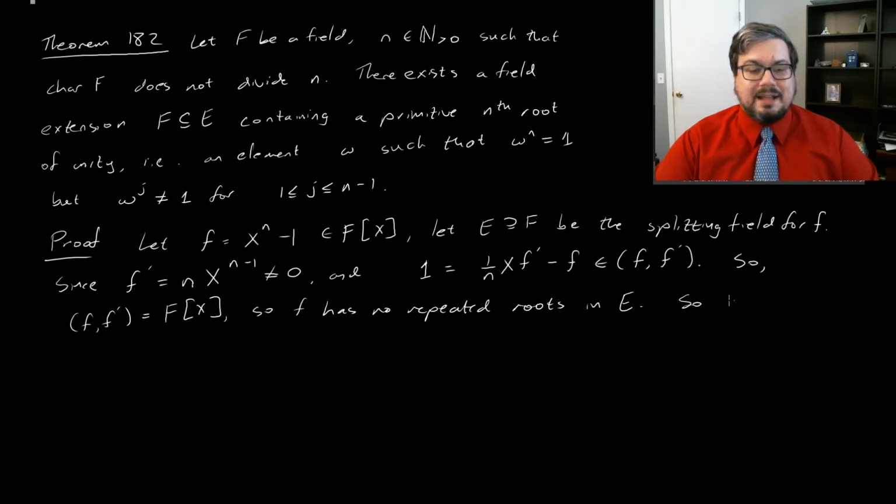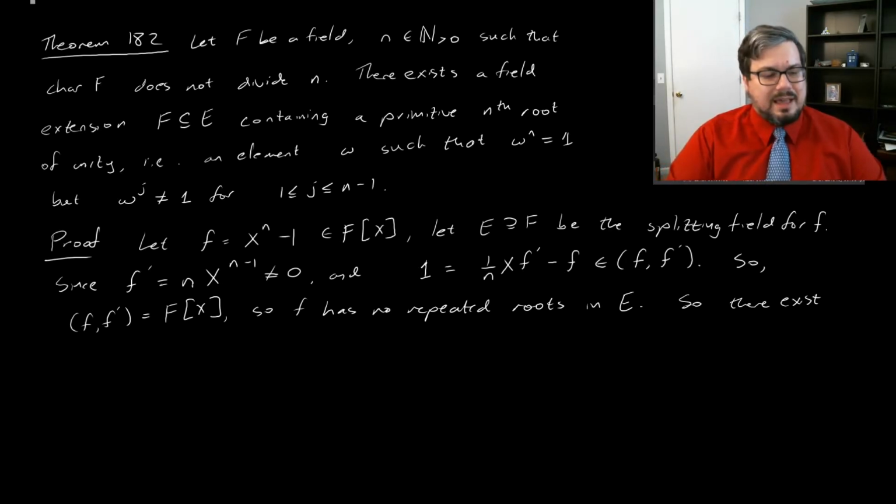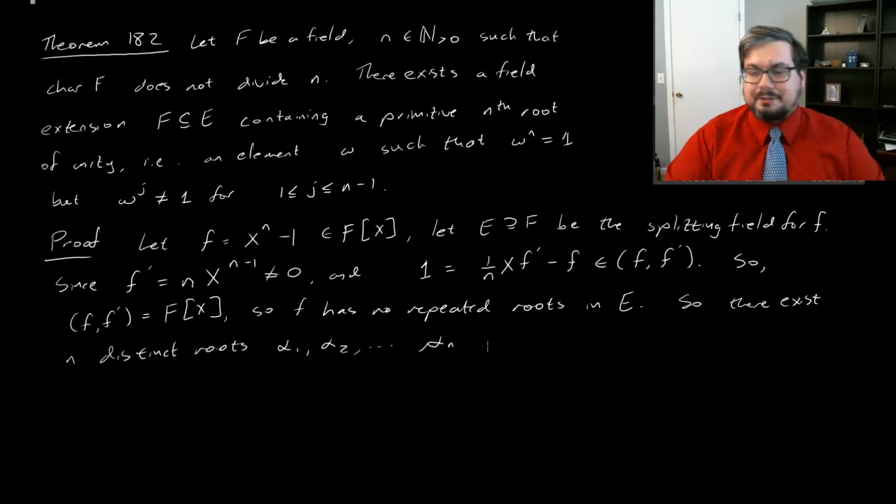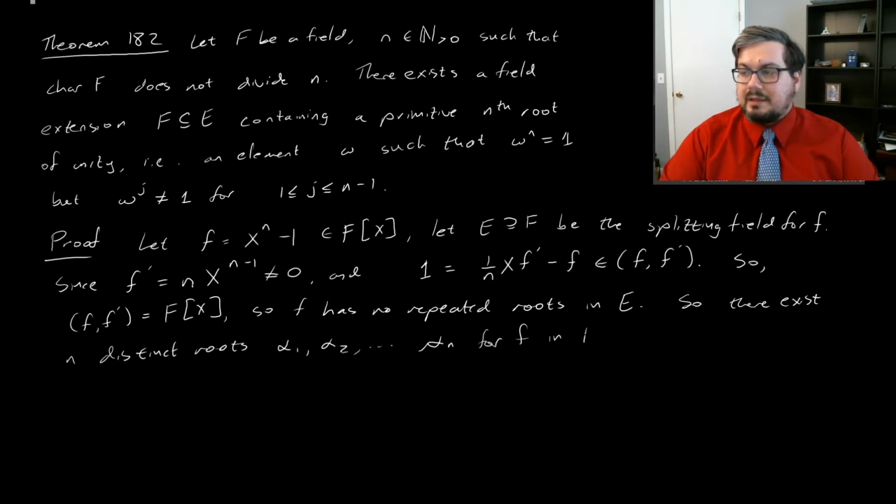So that means that in E, where the polynomial f splits, there exist n distinct roots, alpha 1, alpha 2, up through alpha n, for f in E. Further, we have that this set forms a multiplicative group.